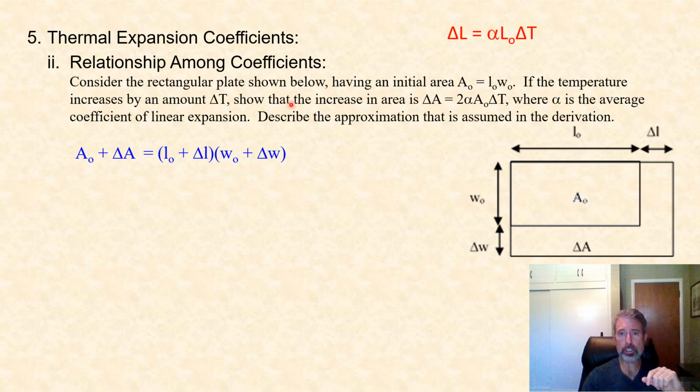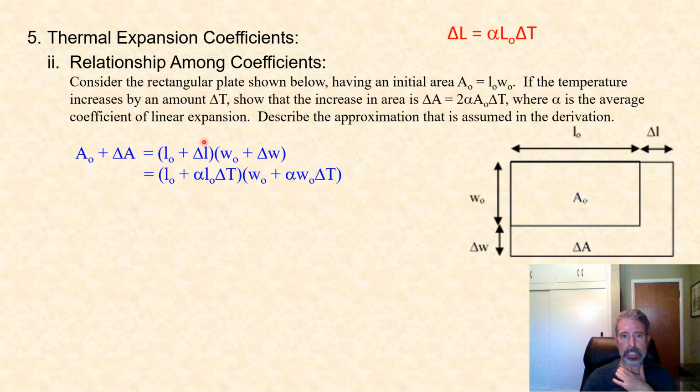So we're just going to start with this expression here, and using our empirical relationship describing linear expansion, and making some substitutions here, we will say that delta L, the change in length, is just given by this expression here, is equal to alpha times the initial length L naught times the change in temperature. We'll do the same for the width here. The change in width is just alpha times the initial width times the change in temperature. Now we're just going to do some algebra here. We've got two binomials that we're going to multiply together.